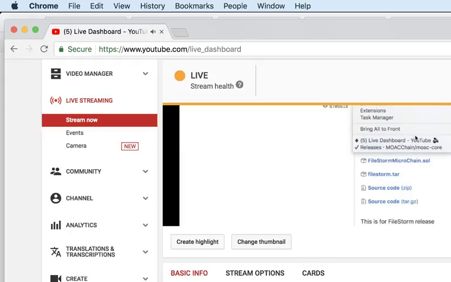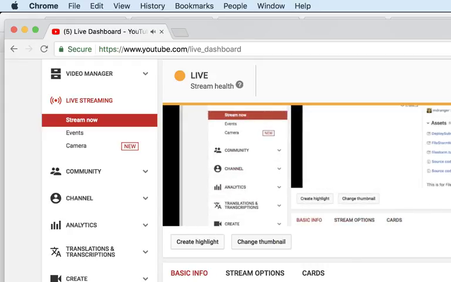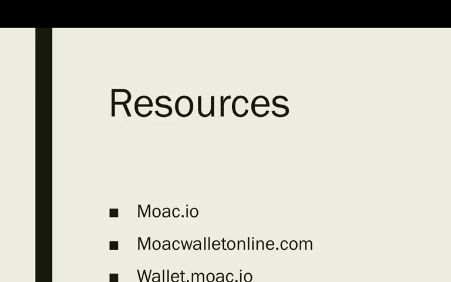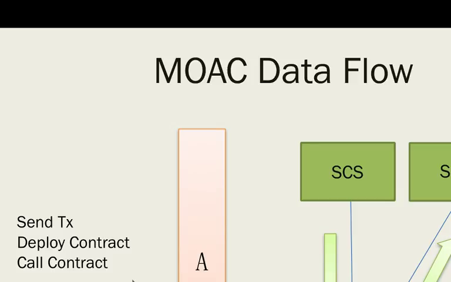Okay, here is another question. What's the difference between a microchain and a sidechain?